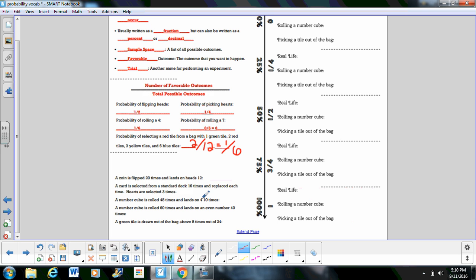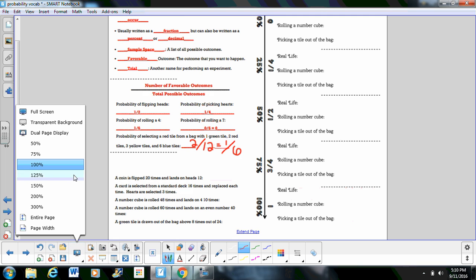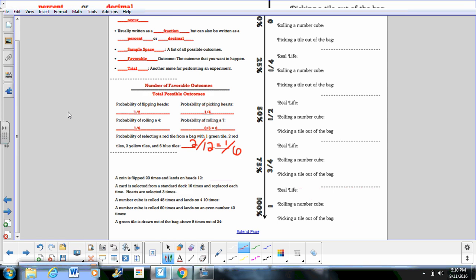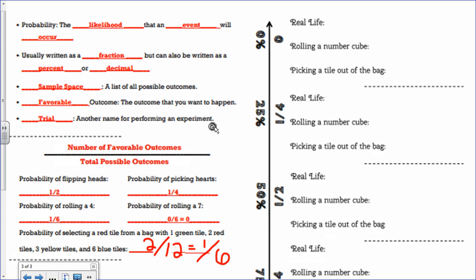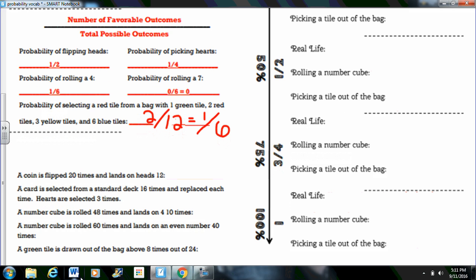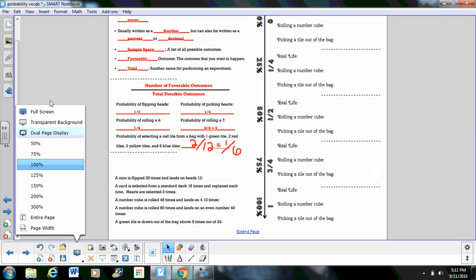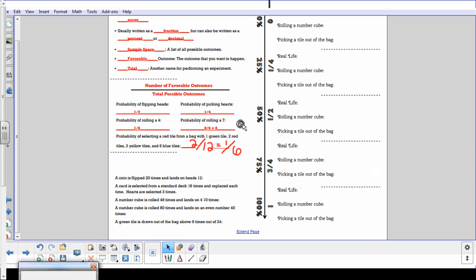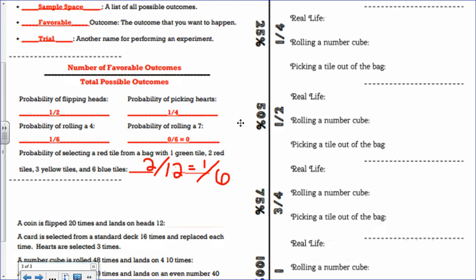All right, so hopefully there's no more mistakes on our answer key. All right. So that is theoretical probability. Go back, make sure I have the right key selected. Okay, theoretical probability.